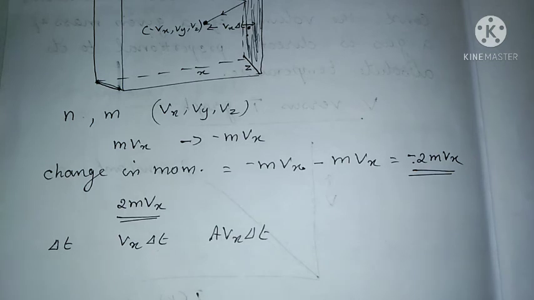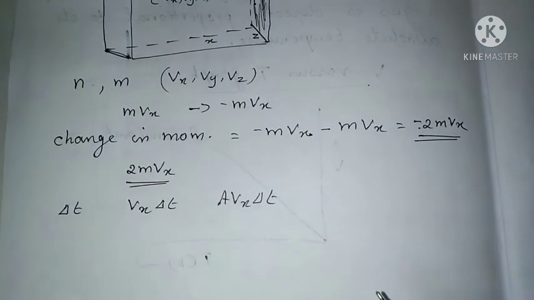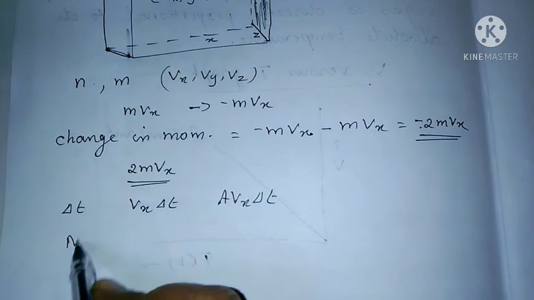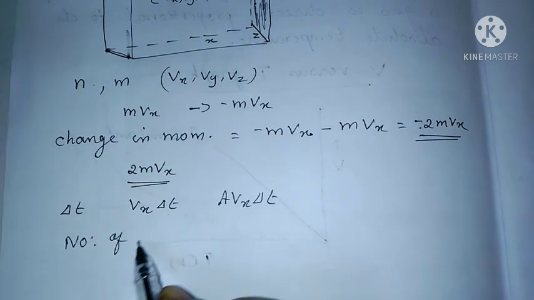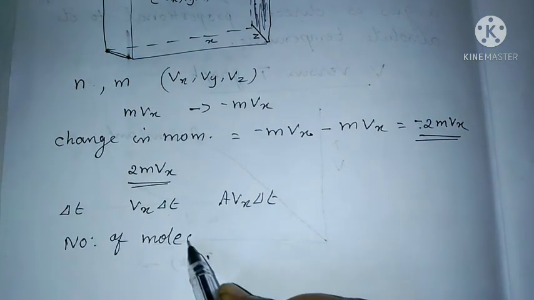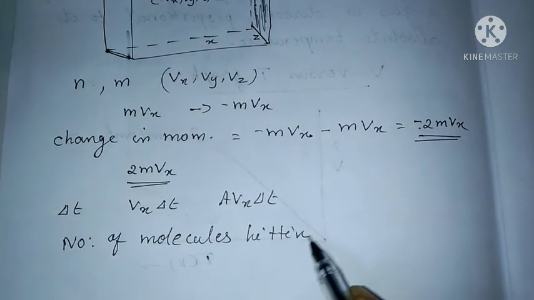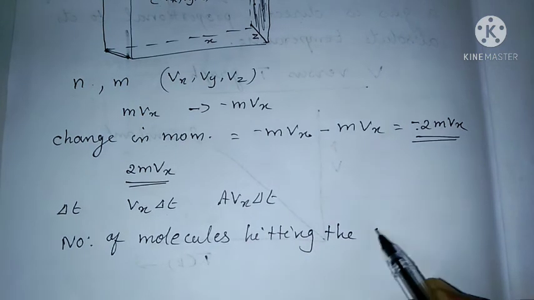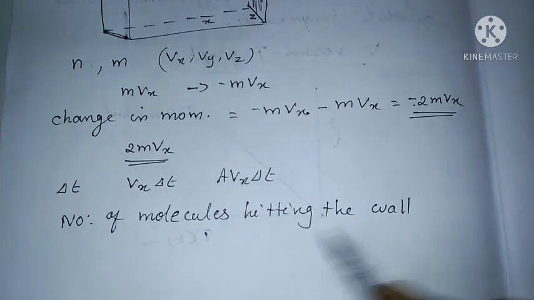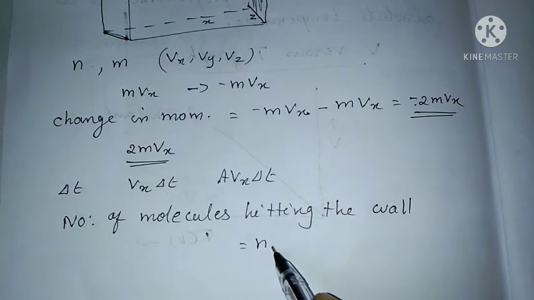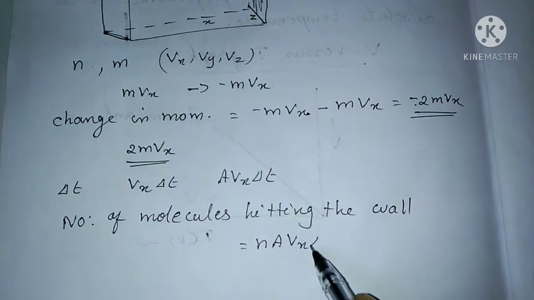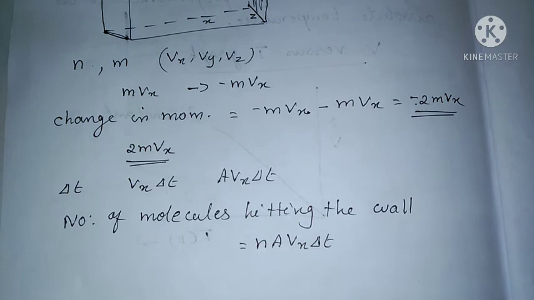So our aim is to find the pressure exerted by the gas. The number of molecules hitting the wall equals small n into A Vx delta t, the number of molecules in that volume.